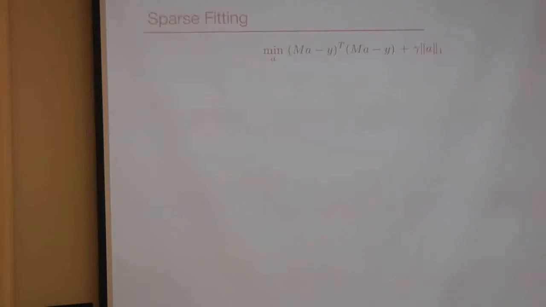The only problem is how to formulate and solve this problem. I mean, first of all, have you already seen this expression here, the one norm? So norms are functions which represent the distance of a point from some other point.